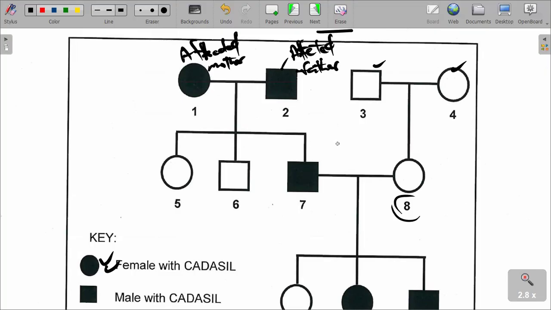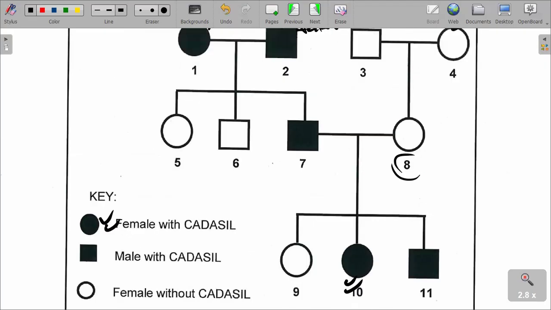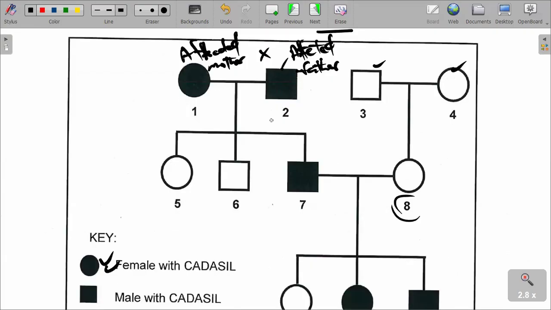So this child can have one affected allele, which can be the genotype of individual 5.